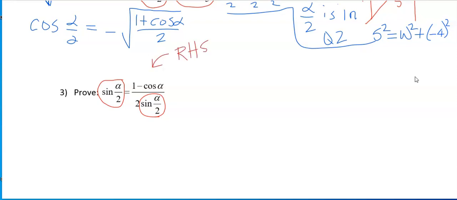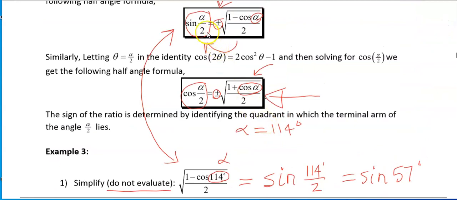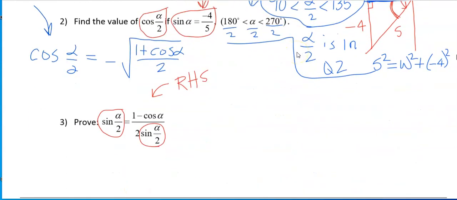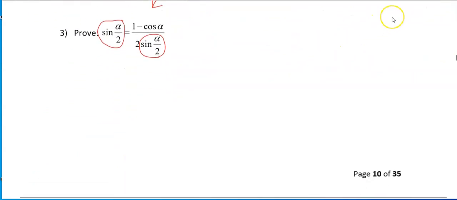So you could start here with the right-hand side, and the first thing you'd have to do is replace the sine of alpha over 2 with plus or minus the square root of 1 minus cosine alpha over 2. You know what? That's hard. That's long. That would be a really, really complicated proof.